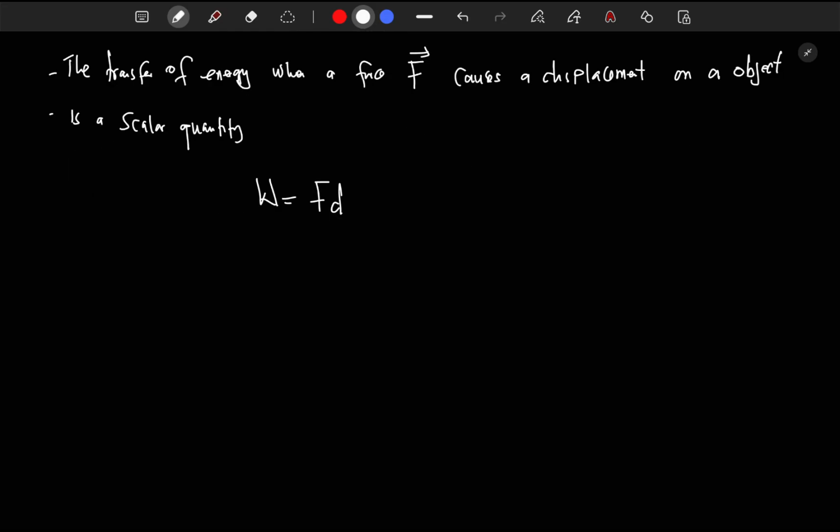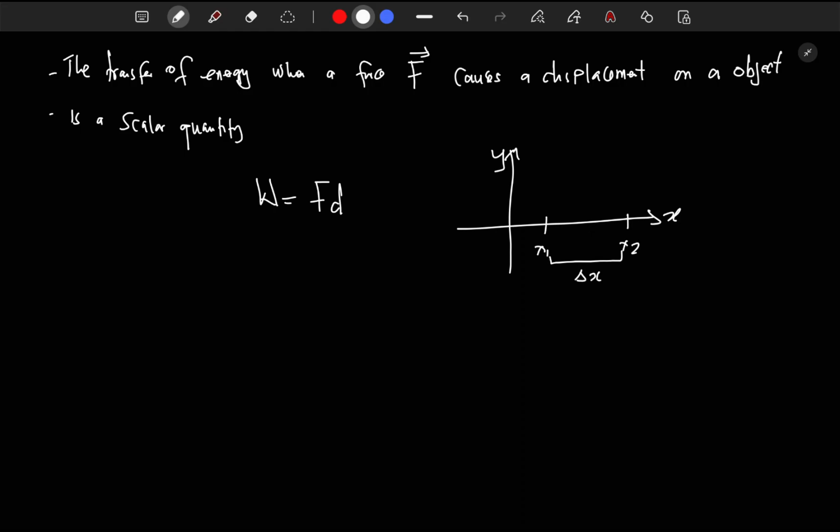But we are going to add something else. Let's say this is the Cartesian plane, and the displacement is taking place in the x-axis. When we say displacement, we mean the change in distance. So let's say we have x1 and x2. You should be able to recall that this distance is called dx, or delta x, which just means the change in x.